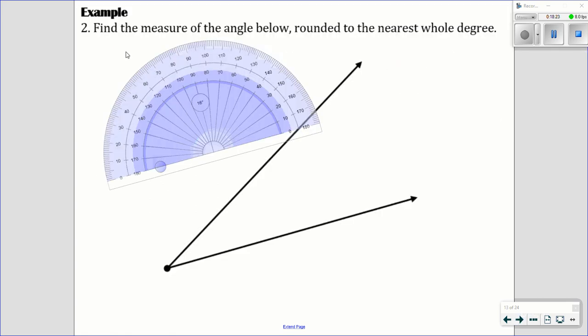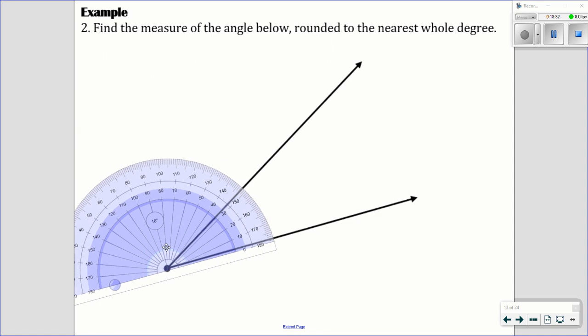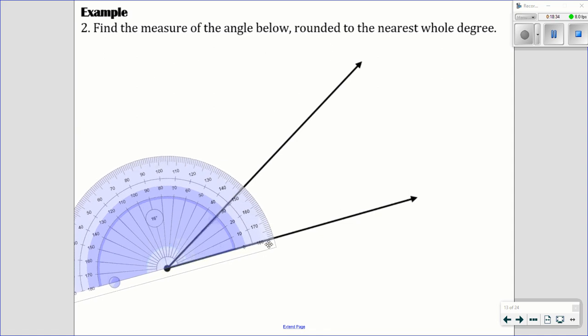So for the first one, they want us to round this to the nearest whole degree using the protractor. So I have my protractor. Notice this is my vertex, and I put the center on there. Notice how this line where it says 0, I'm using this ray to be my starting point. I have to make sure it's lined up.